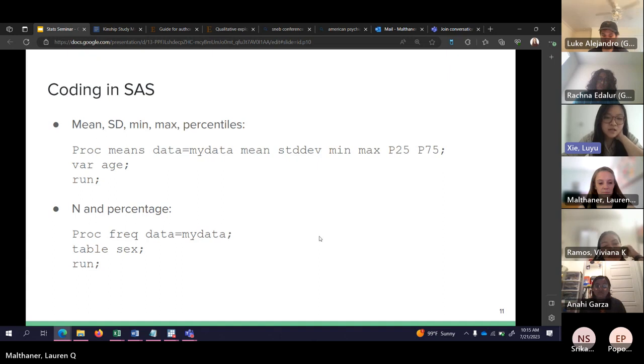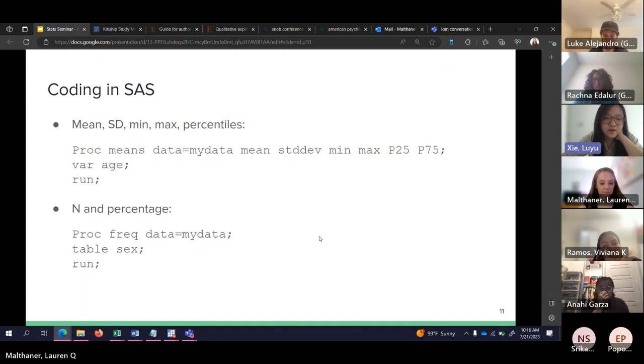If you don't specify the standard deviation after the mean, it just gives you the mean, no other statistics. And you put var age and then a semicolon, always remember to put a semicolon in SAS, otherwise it will give you an error. So these 3 lines of code will give you the mean with standard deviation for age.